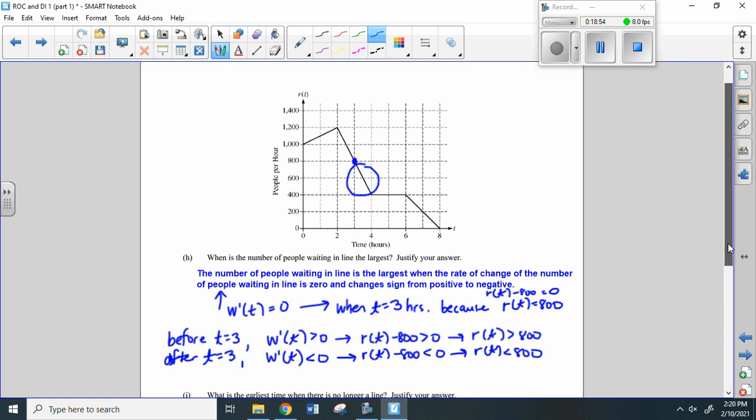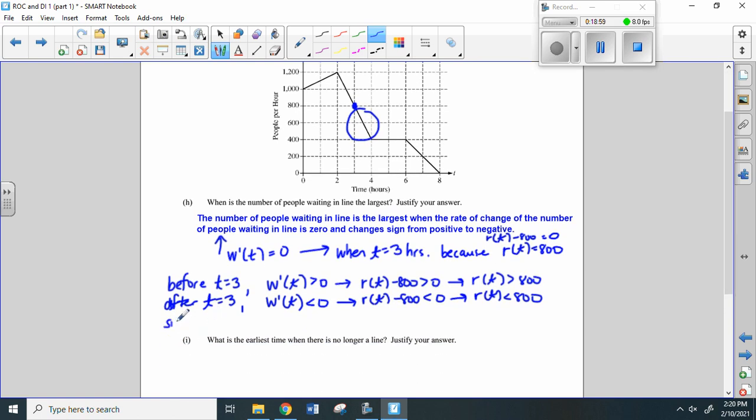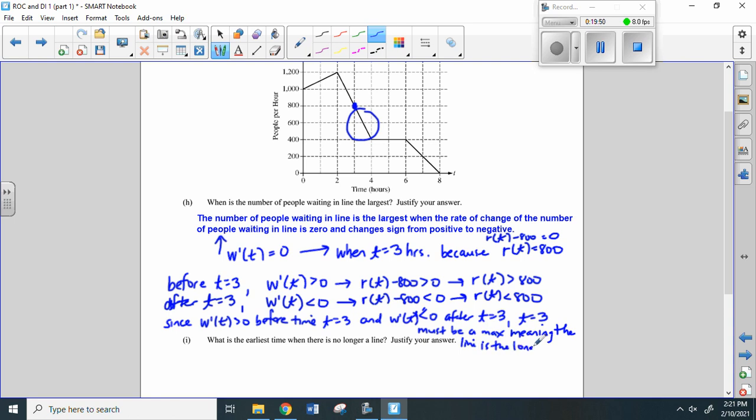All right, and so since w prime of t is greater than 0 before time t equals 3, and w prime of t is less than 0 after t equals 3, t equals 3 must be a max, meaning the line is the longest at time t equals 3.